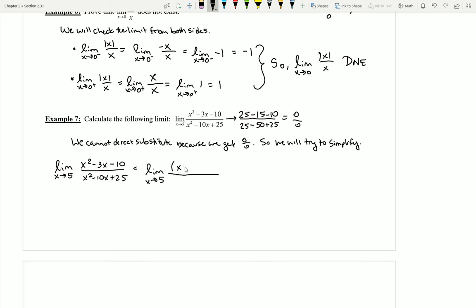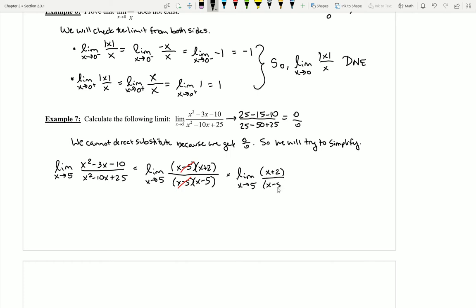The numerator can factor into x minus 5 and x plus 2. The denominator turns into x minus 5 and x minus 5. Of course, this is convenient because an x minus 5 from top and bottom can simplify out, but it's also not that convenient in that I think I'm still going to have a slight problem here.